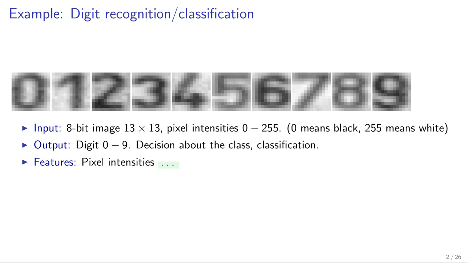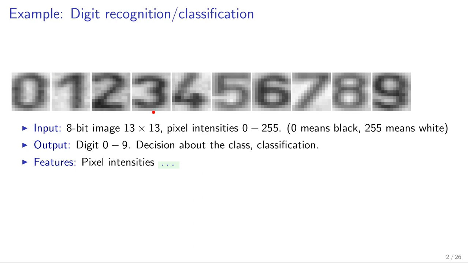In the Berkeley lecture that you were asked to watch, they classified spam versus ham emails. So there was this bag of words approach, where features were words, whether they were spam or ham. In this digit recognition, we have individual pixels.